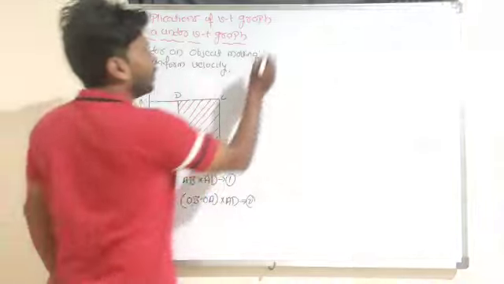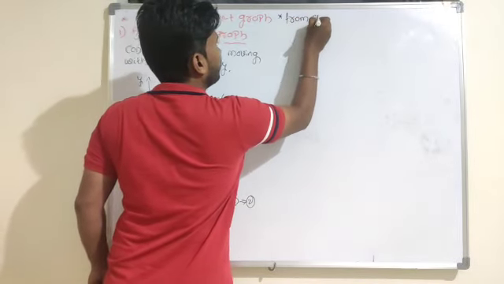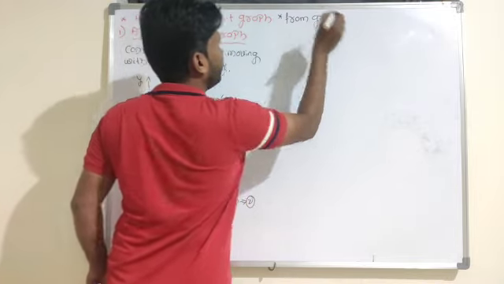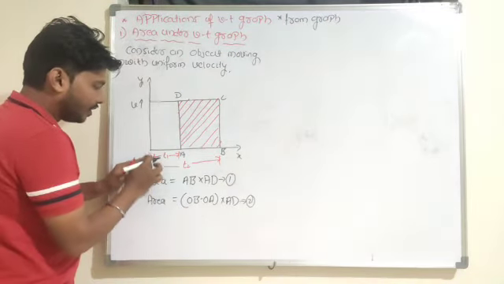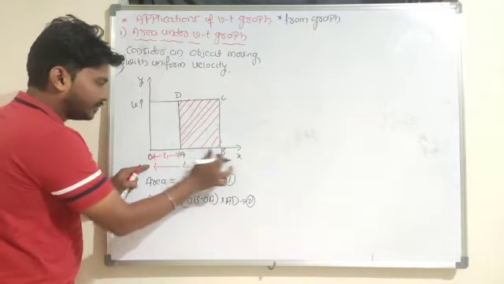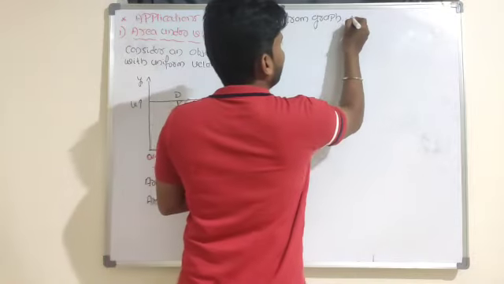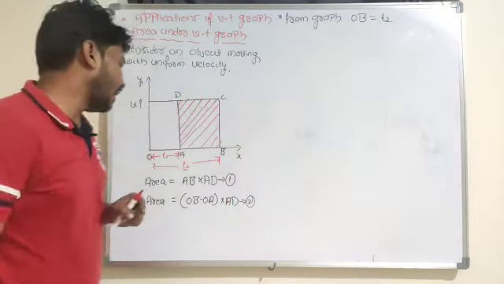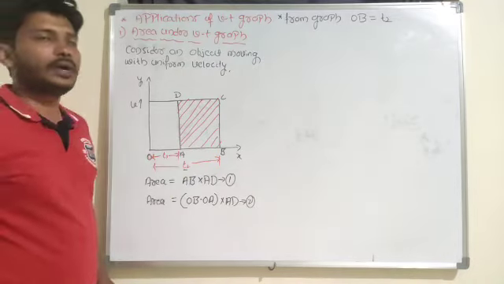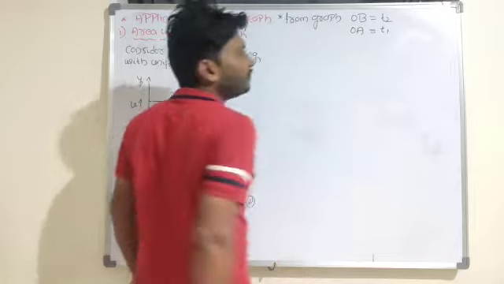Now from the graph, I will take the values. From the graph, OB is equal to T2, and OA is equal to T1.